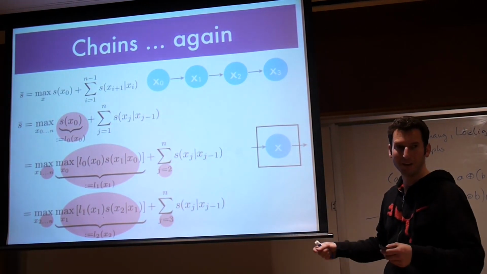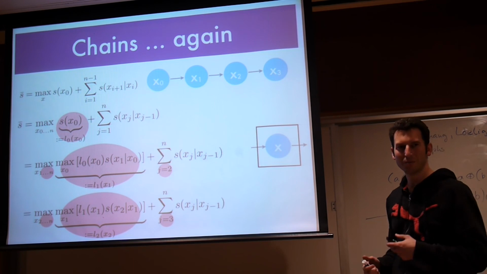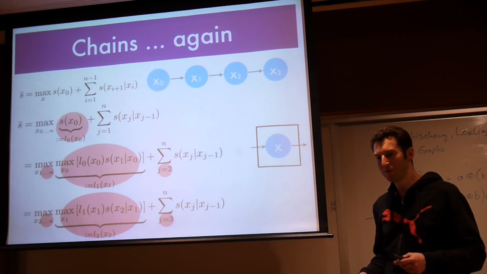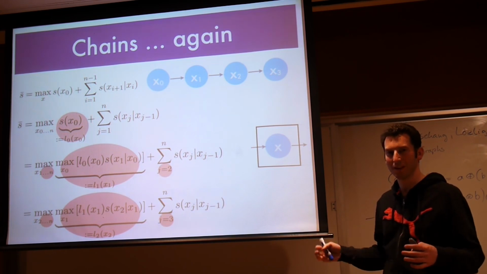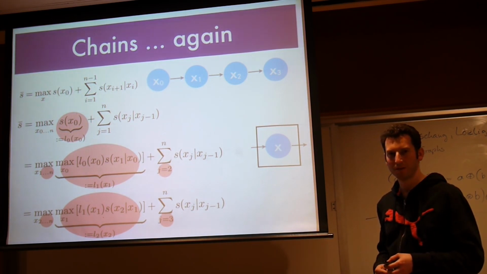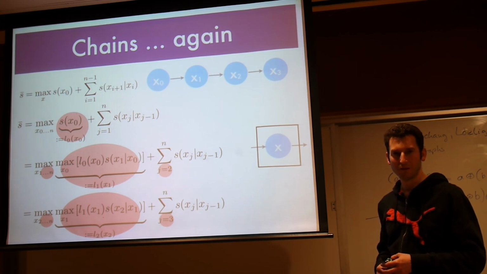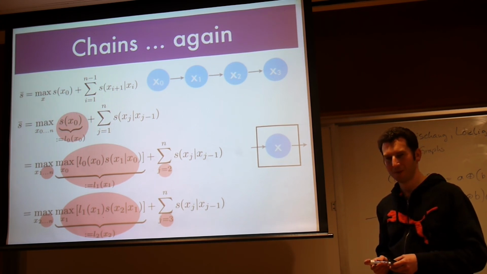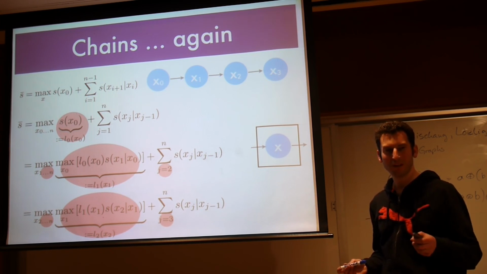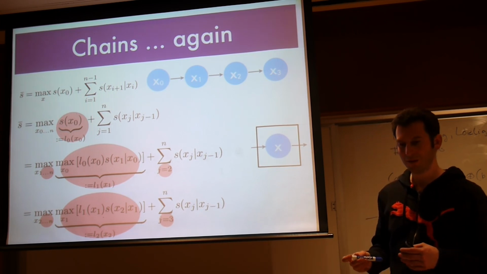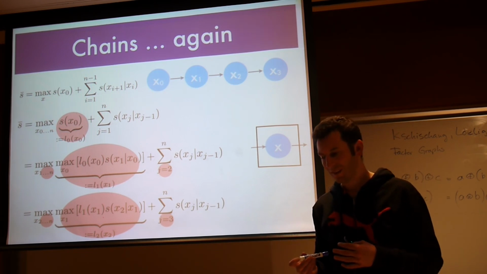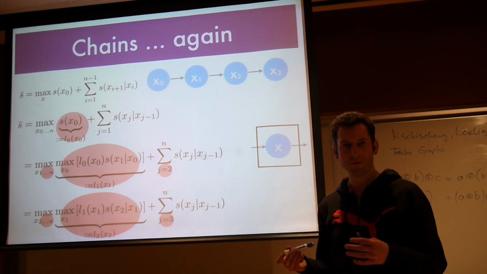So I have a chain of events, and I could ask, what's the most likely chain of events that could occur? I might still be interested in how likely is that most likely chain of events, but it's generally a reasonable question. So this is a reasonable question, for instance, if you try to recognize speech, right? Because the most likely chain of events of what I had in my mind is the thing that I need to output in my speech recognizer.